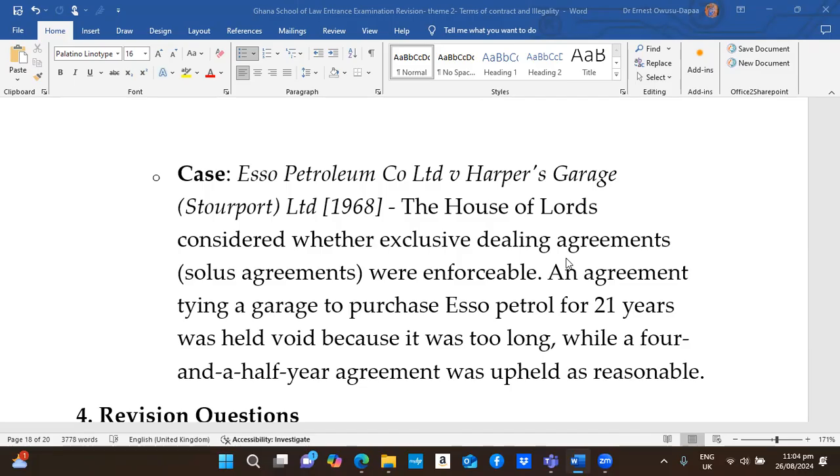So the point to note is that when it comes to contract in restraint of trade, first of all, it is considered contrary to public policy because it seeks to hurt the ability of a person to earn a living by carrying out a business or by taking up employment. Nevertheless, the law recognizes the need to protect legitimate interests in free competition and also creativity.